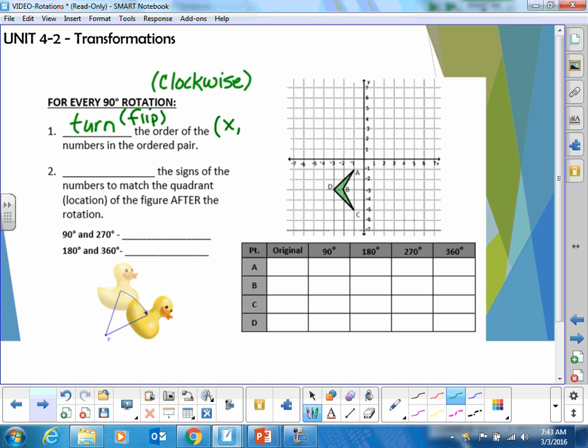So if it was x, y, then you turn it, so now it's y, x. And then we're going to change the signs of the numbers to match the quadrant or the location after it's been rotated. So with 90 and 270 degrees, if I'm in the third quadrant and I rotate, then I've got to switch the order of them.